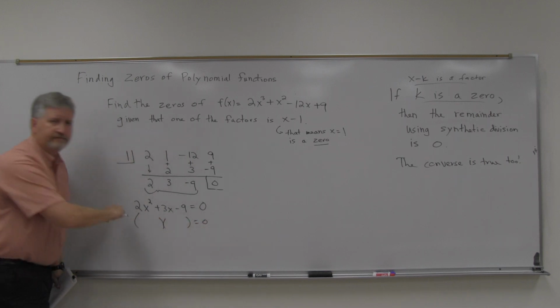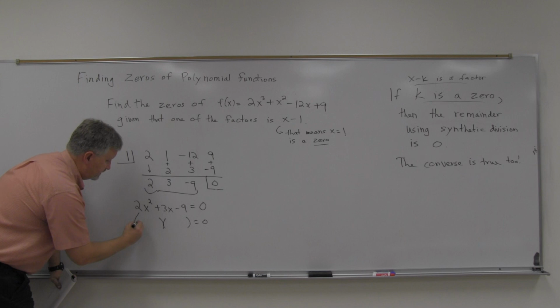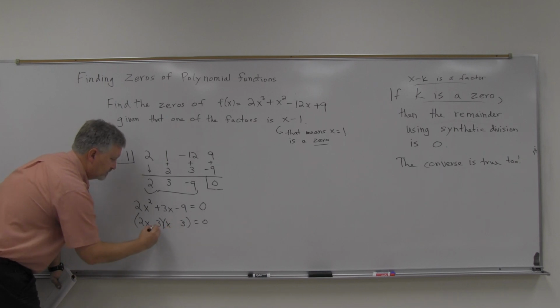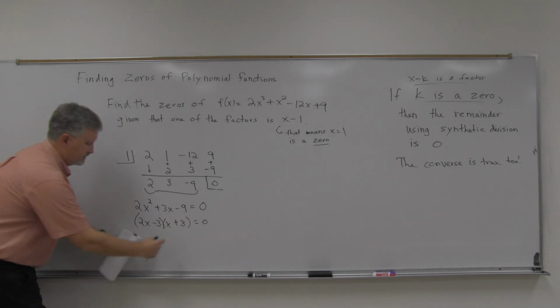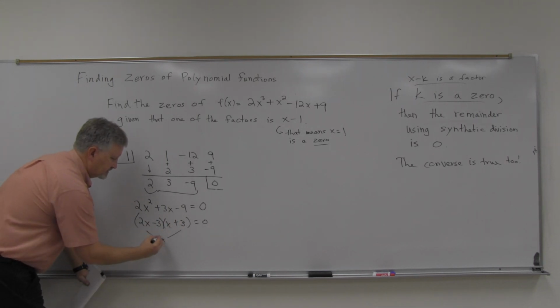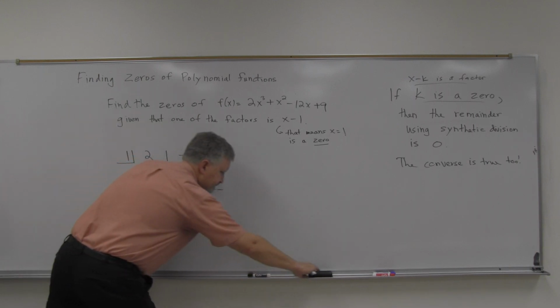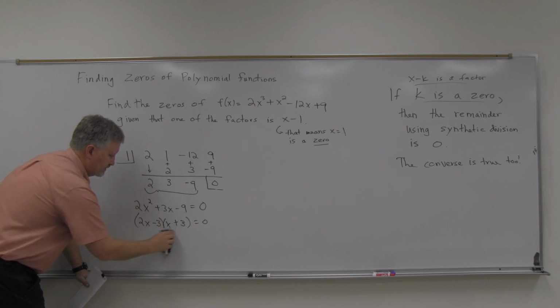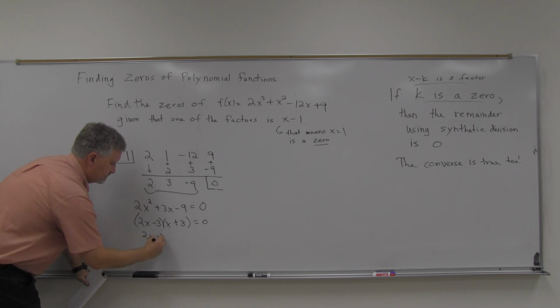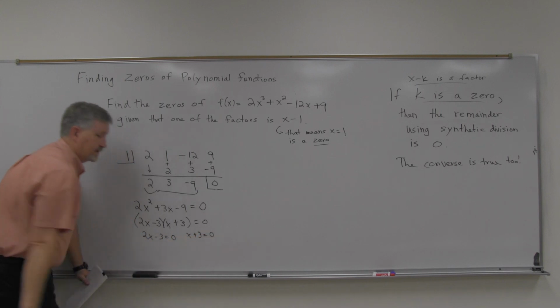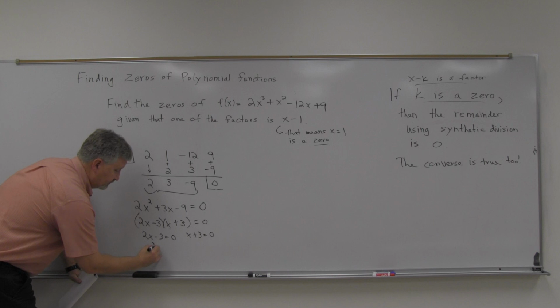I believe it factors, otherwise you have to use the quadratic formula. But I believe it factors 2x and x, 3 and 3. It's going to be a plus 3 here and a minus 3. So 2x minus 3 and x plus 3, because that's 6x, and that's minus 3x, and you add those, you get positive 3x. So, solving that equal to 0, now we've got factors, and we can set those equal to 0, add 3, divide by 2.